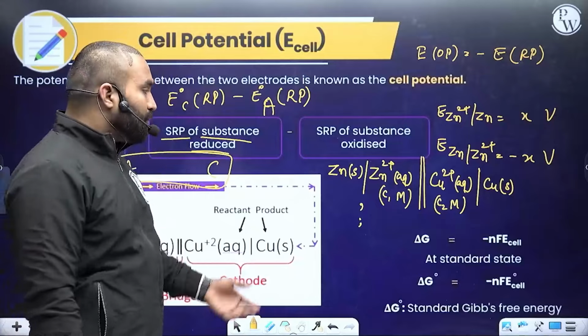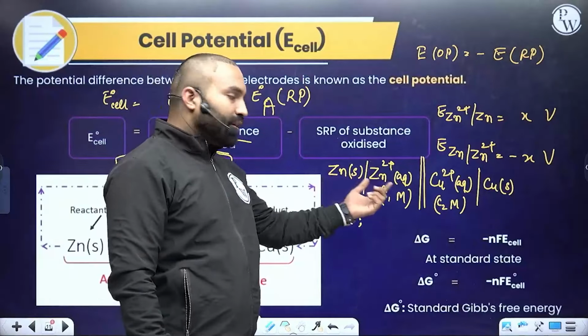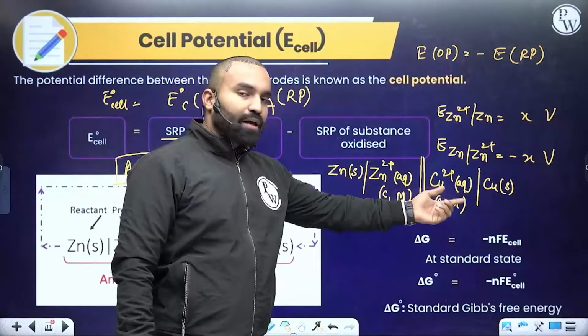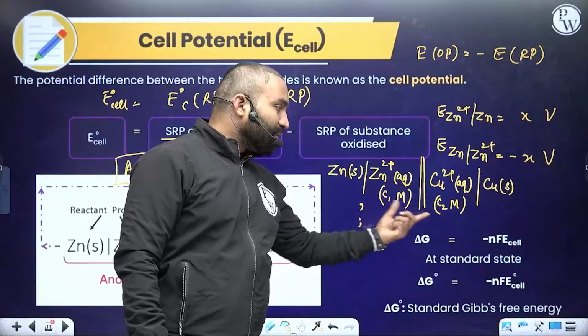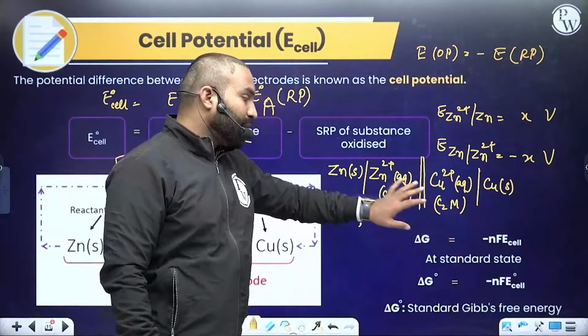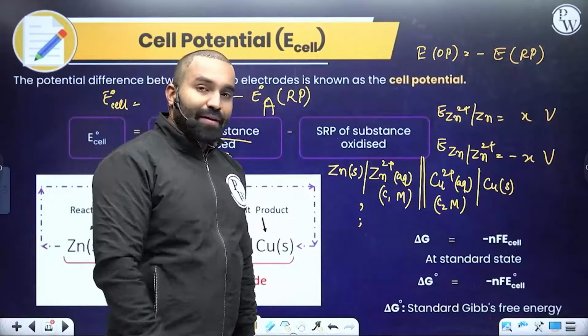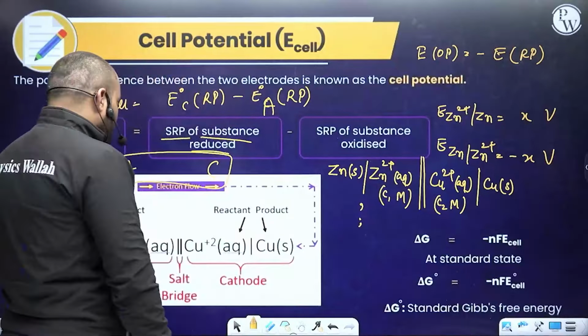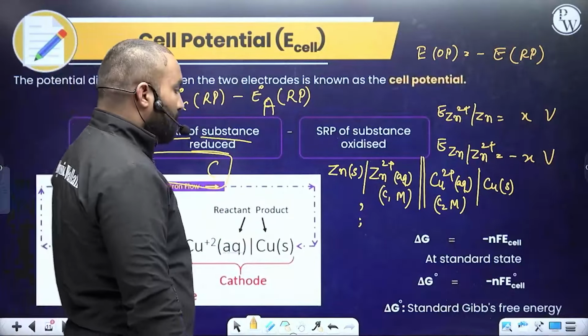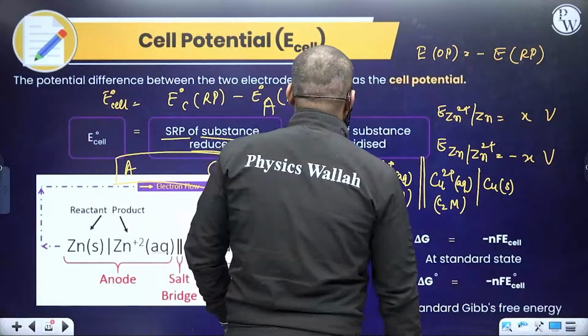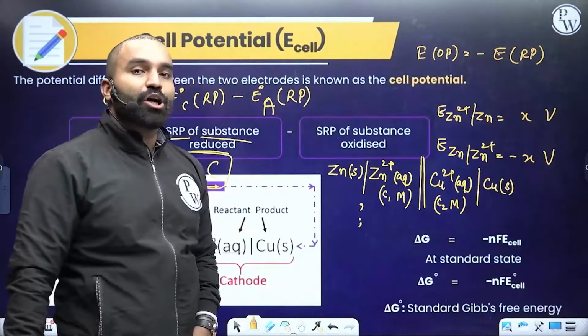Clear everybody? First write solid, then aqueous, then another aqueous, then solid. This side is always the anodic compartment, that side the cathodic compartment. Both of them are separated by a double line. Clear? Good job.